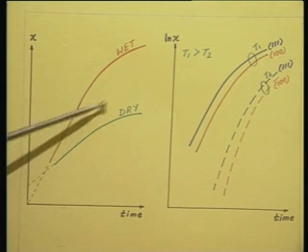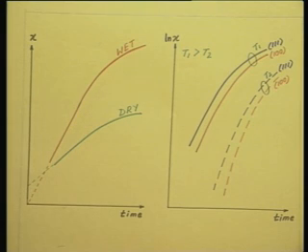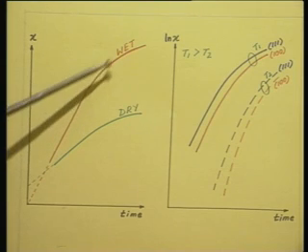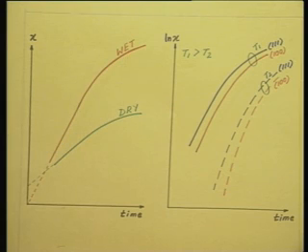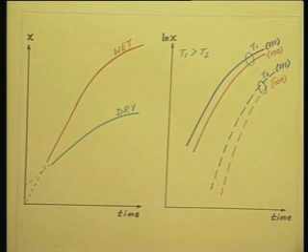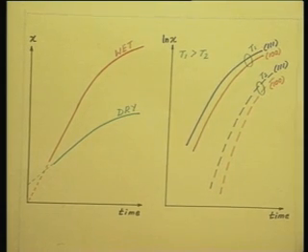Both of them will exhibit the famous linear parabolic relationship, that is, it starts off with linear and then becomes parabolic, and the wet oxidation is going to give rise to a much thicker oxide in the same time. So far so good. This is what Deal-Grove's model also predicts.